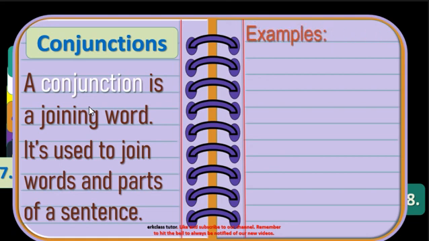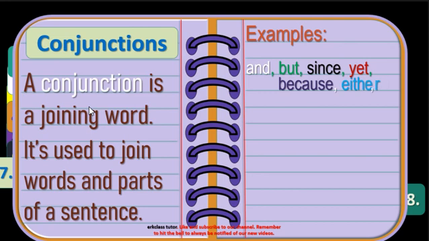Examples of conjunctions are and, but, since, yet, because, either, and many others. In our normal conversations, we use conjunctions many times.